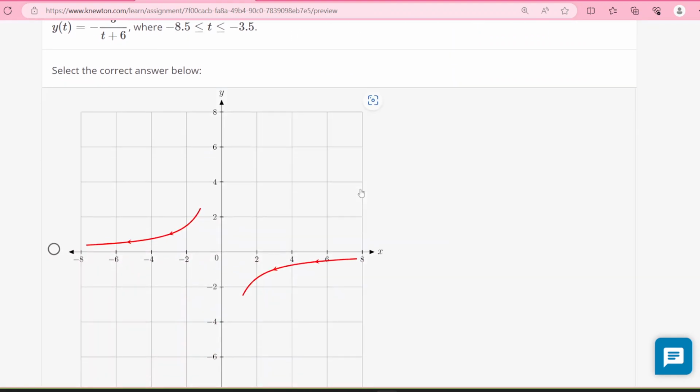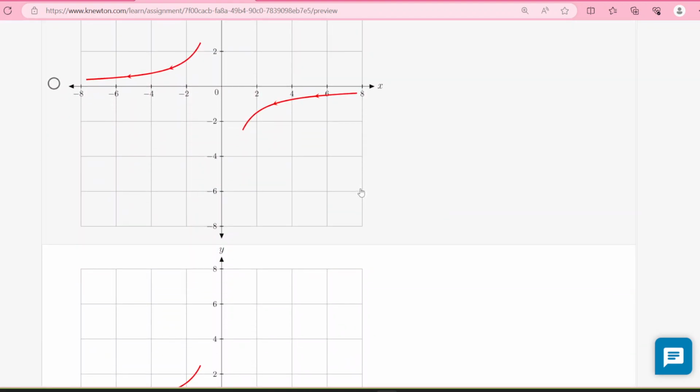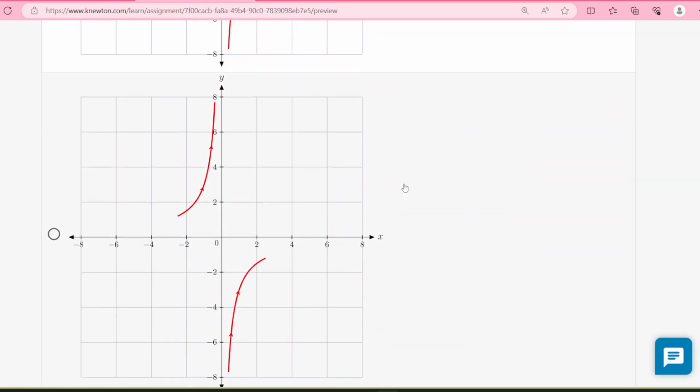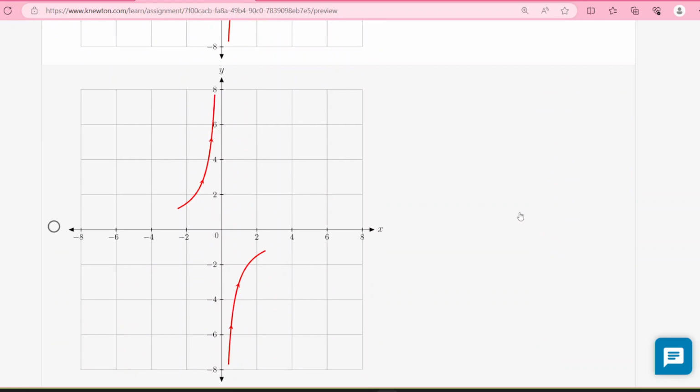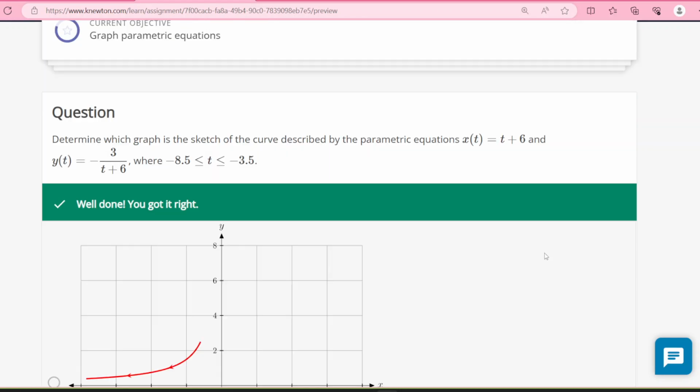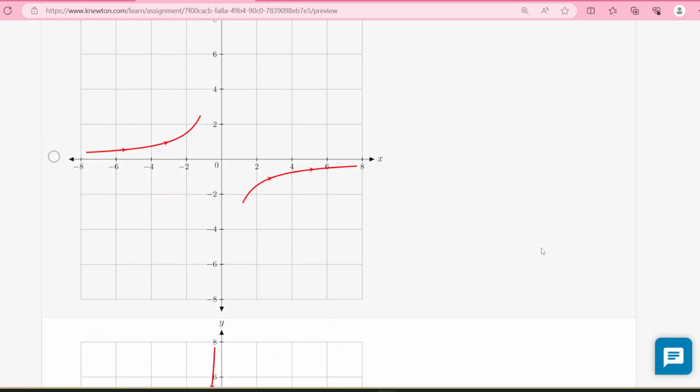I know I said I was going to graph y equals negative 3 over x, but I don't feel like it right now. So of the pictures we're seeing, this is the same graph, but the arrows are right to left. It's this bottom one, right? It's the graph we were looking at, but the arrows are going left to right. So this is the curve that we would get if we were to graph those parametric equations. Great.